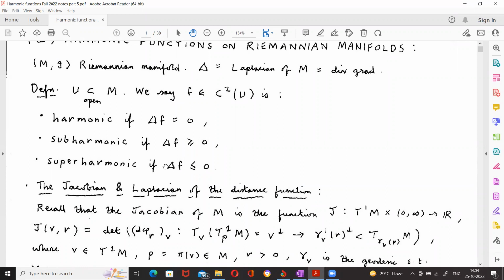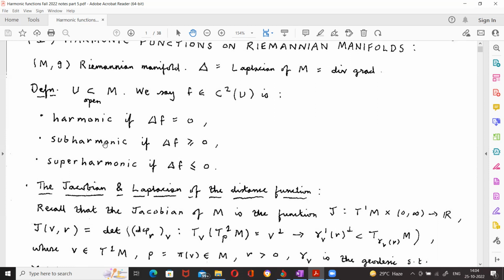So maybe I should just make a remark here. If you do this in one dimension on the real line, then harmonic functions will just be those functions whose second derivative is 0, right? So that means affine linear functions, f(x) equal to ax plus b, right?